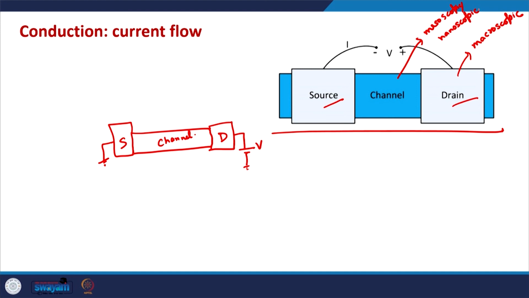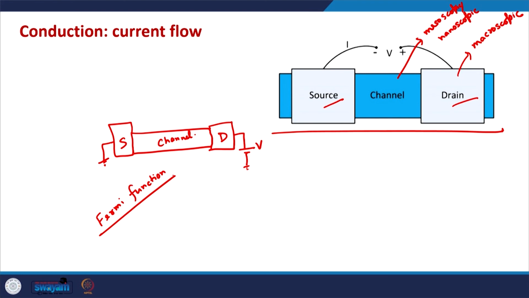Channel is now nanoscale. So, the electronic concentration in source and drain can be easily defined by the Fermi function in source and drain.